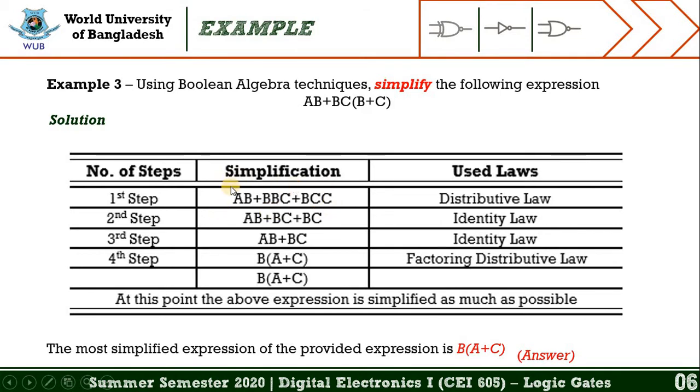We need to apply the distributive law, which gives A and B, or B and B and C, and the last term would be B and C and C.